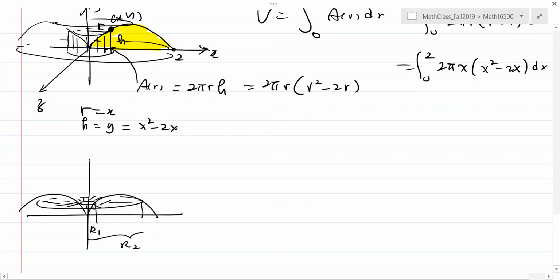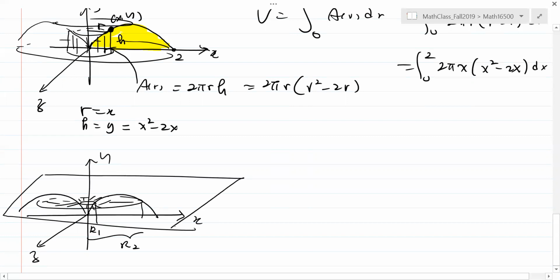This is going to be R2. So what we try to do is actually we use a plane parallel to the XZ plane. This is the Z, this is X, this is the Y axis. We're actually trying to use a plane like that, parallel to the XZ plane. So the height here is actually the Y value, right?